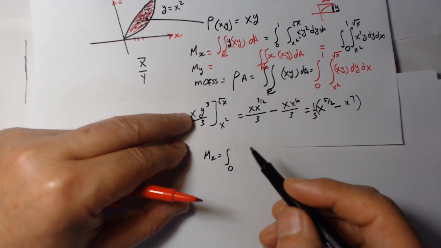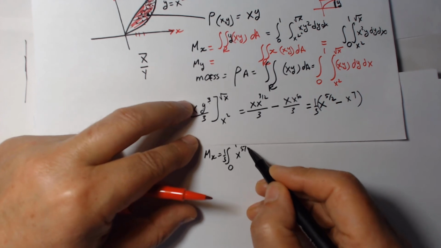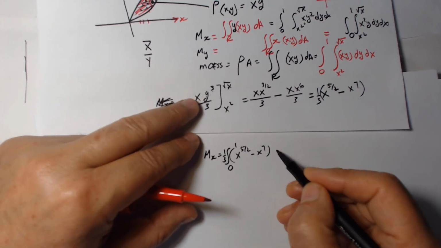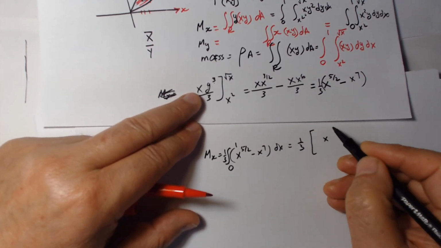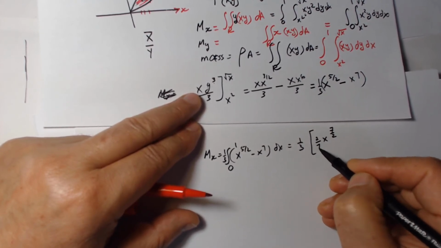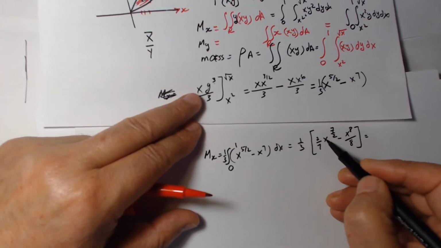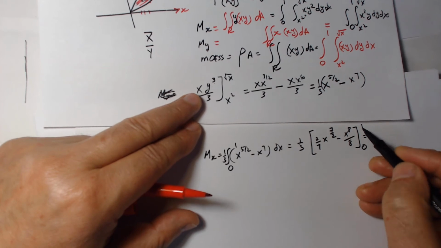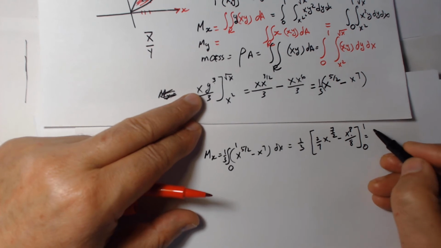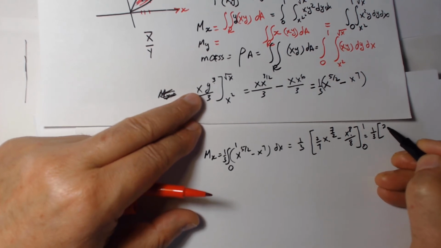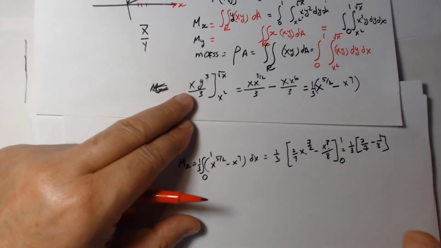Therefore, I have 1/3 times x to the power of 5/2 minus x to the power of 7 dx, and that becomes 1/3 of x to the power of 7/2 times 2 over 7 minus x to the power of 8 over 8. When I put in 0 and 1: when I put 1, you get 1 and 1; when I put 0, you get 0. Therefore, I have 1/3 times 2 over 7 minus 1 over 8.